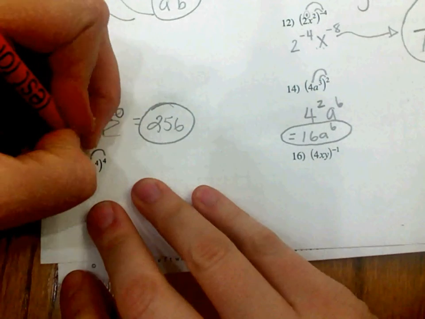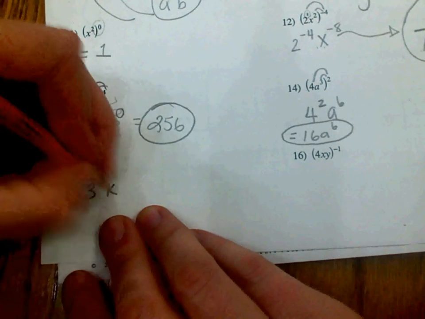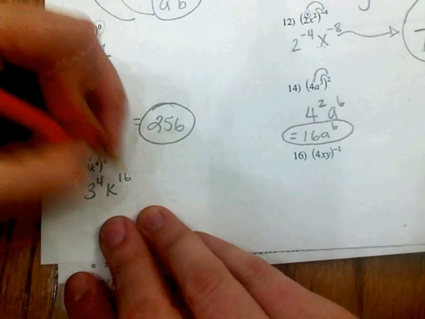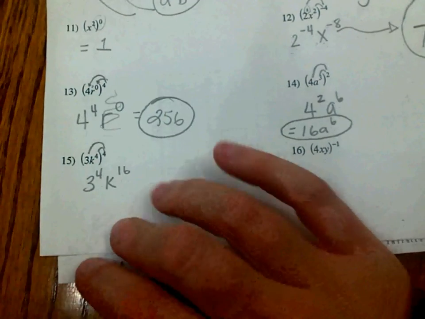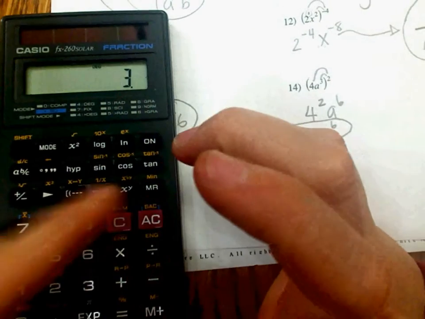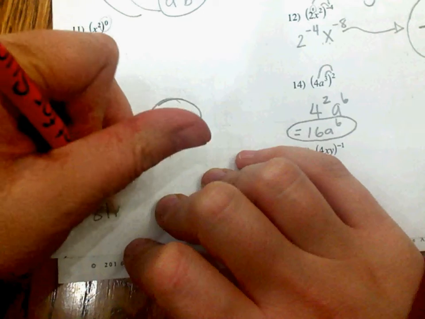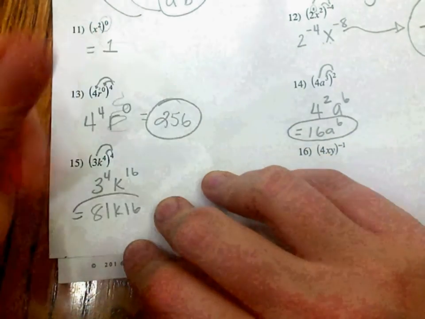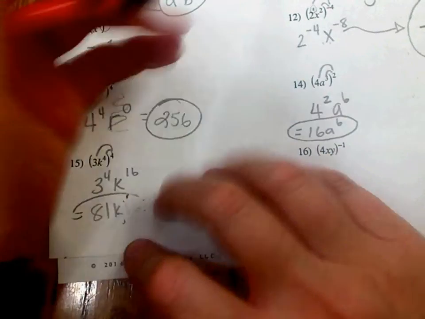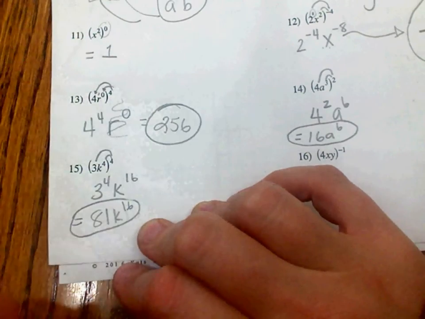Okay, multiply the exponents, so that becomes 3 to the 4th, k to the 16th. 3 to the 4th power is 3 exponent 4, 81. So it's 81 k to the 16th power.